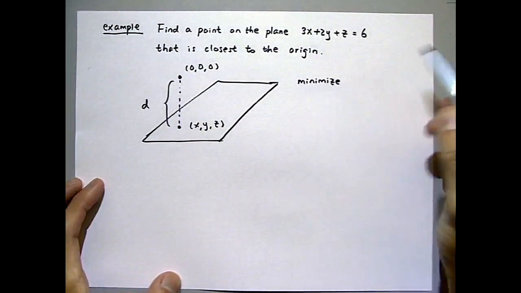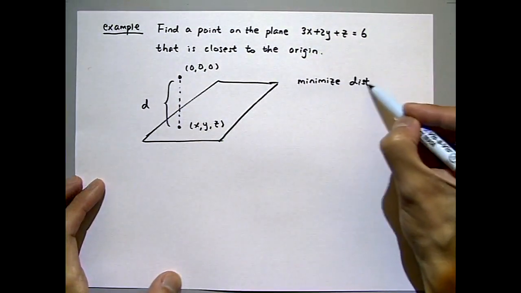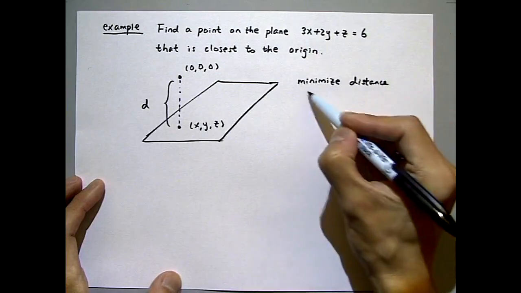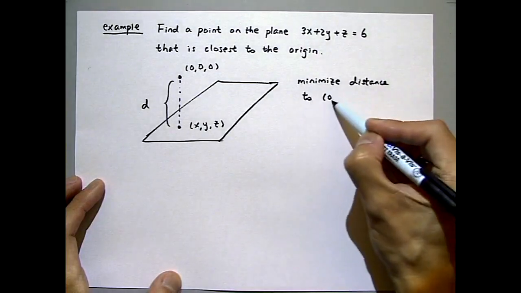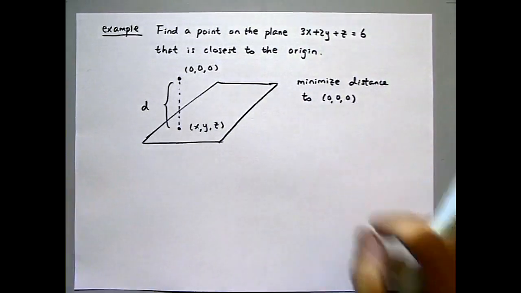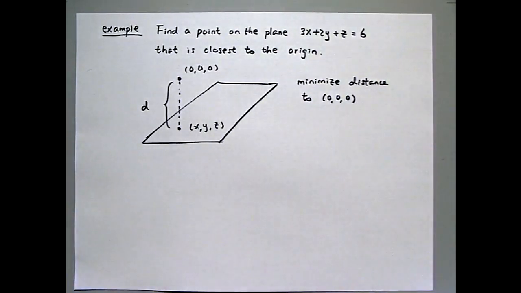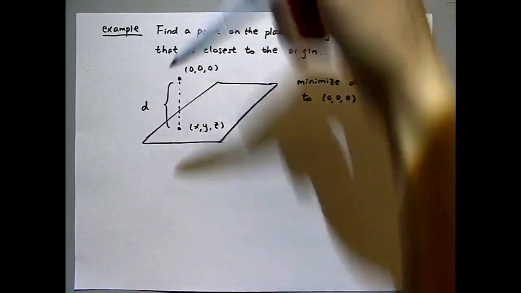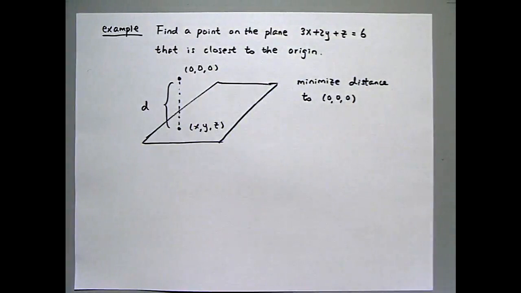In other words, we want to minimize the distance to the point (0, 0, 0). That's the origin. And intuitively, we know that's the point that's going to be perpendicular to the plane. Right? If you draw a line, that line will be perpendicular to the plane.